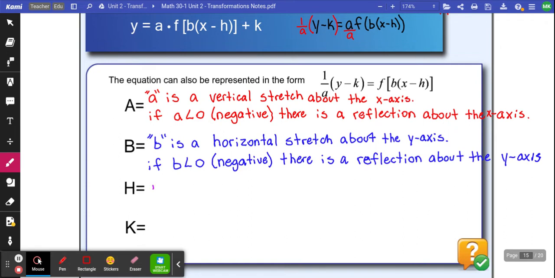H is horizontal, in brackets I'm putting left, right.